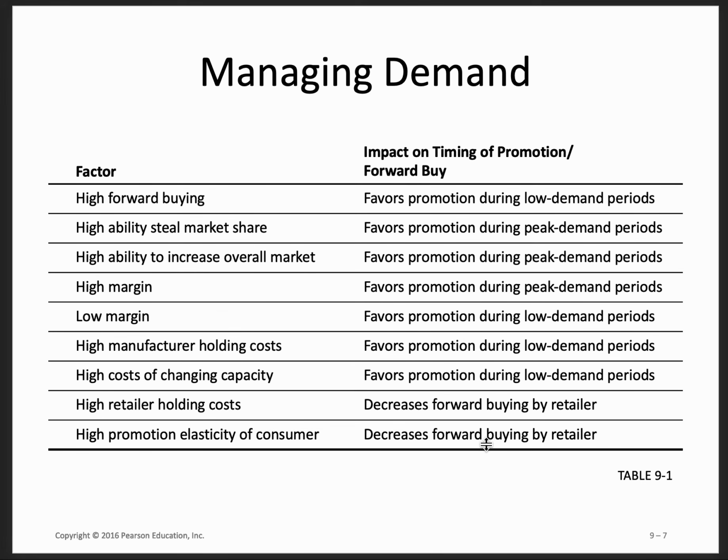So in the next video, we will go over how you can actually use linear programming to do sales and operations planning. Figure out when you should be giving out promotion. Should you be doing it in high demand periods, or should you be doing it in low demand periods?